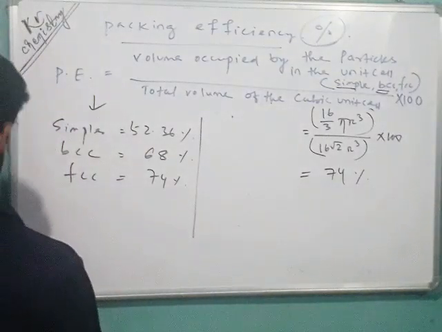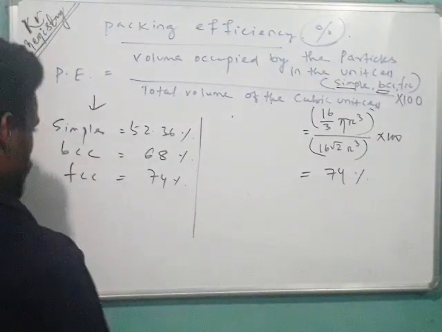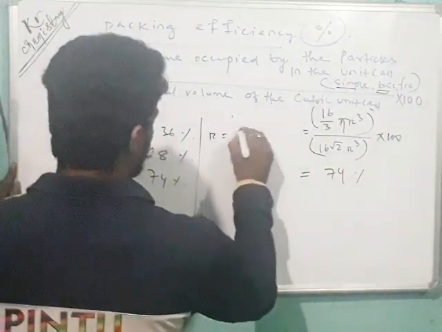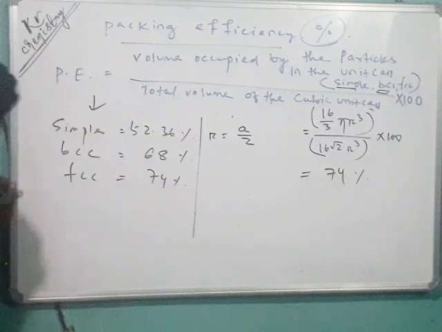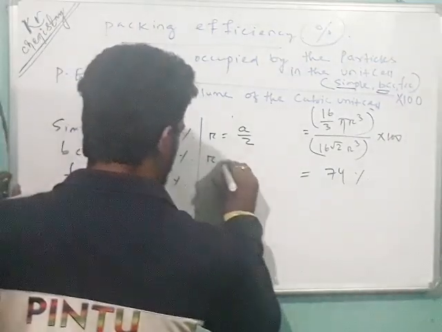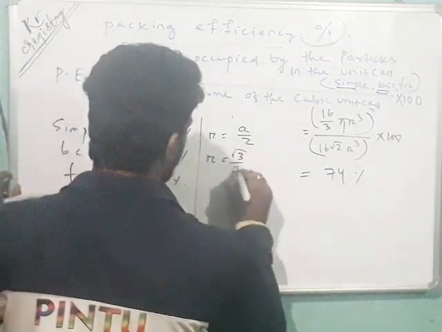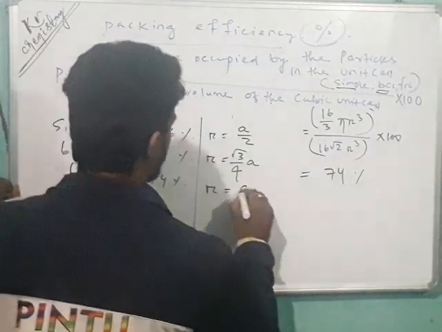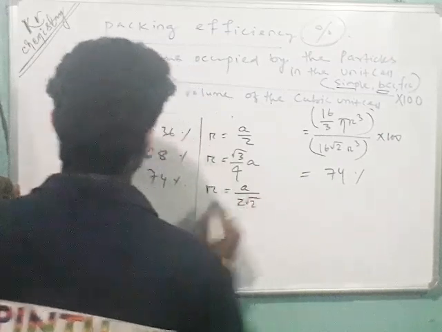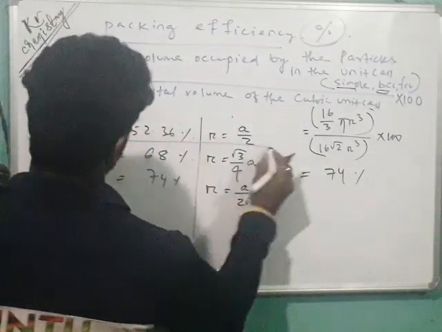The relationship between radius and edge length is: r is equal to a by 2, here r is equal to root 3 by 4 into a, and here r is equal to a by 2 root 2. These are the values.